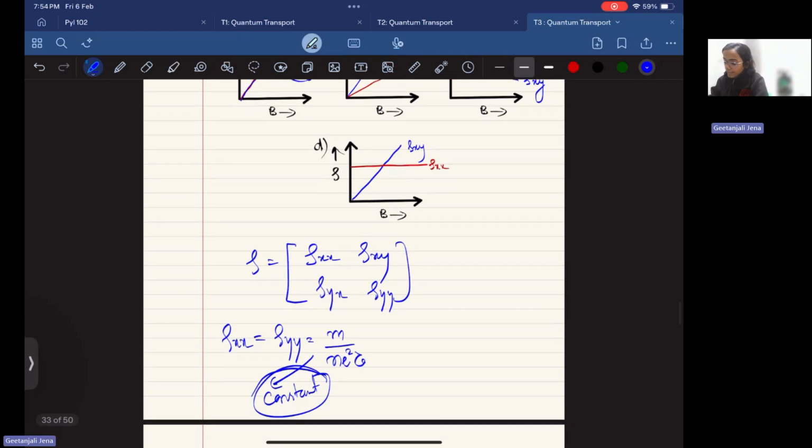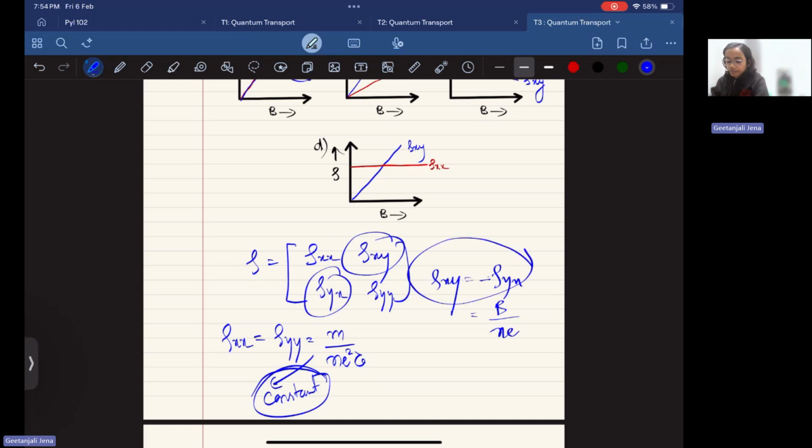Now for the off diagonal term, rho xy, which is minus of rho yx, this is B by n e. So this off diagonal term is the Hall resistivity, or we say transverse resistivity. This is directly proportional to B. That means the longitudinal one is independent of B. It will remain constant.